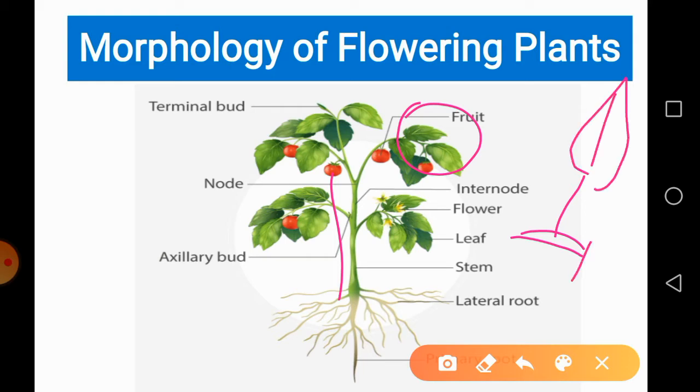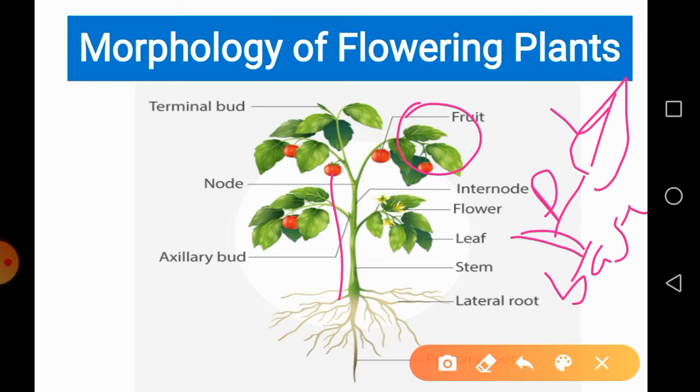This is the base, this one is the petiole and this one is the lamina. Leaves grow on a nodal region and bear buds at the axils.